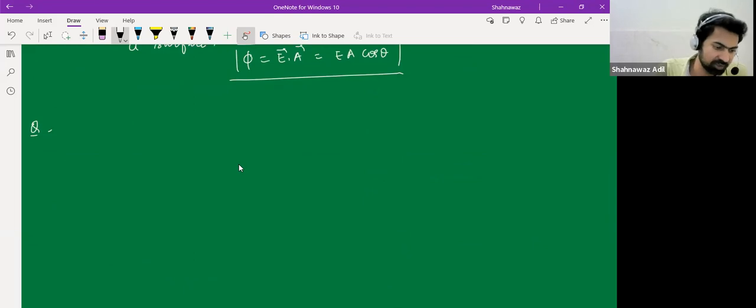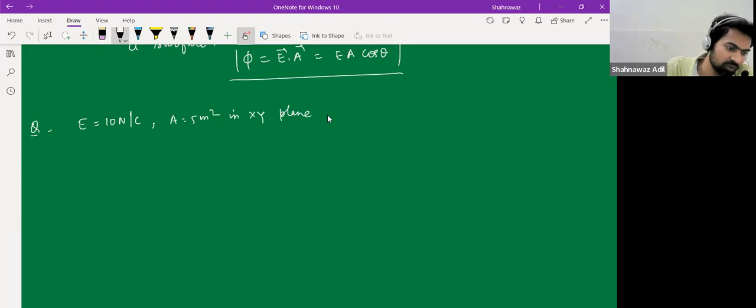Let me see some questions. E is 10 Newton per coulomb, and the area is 5 meter square in the XY plane.